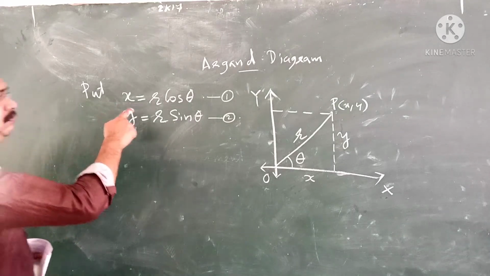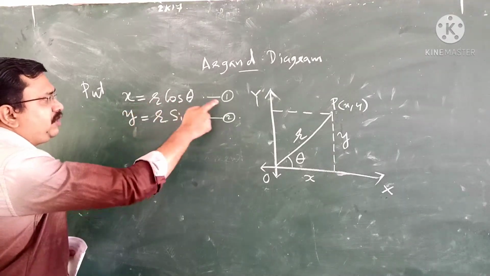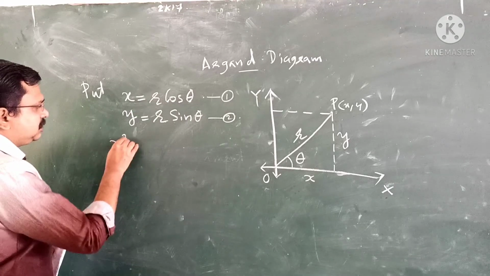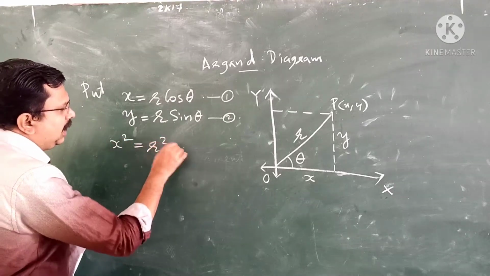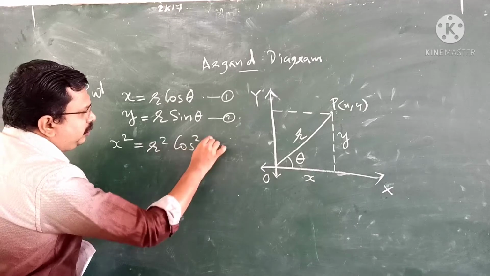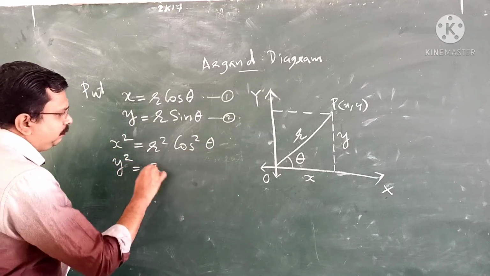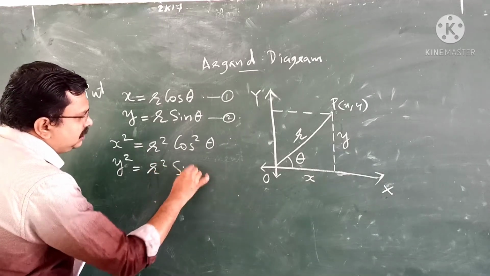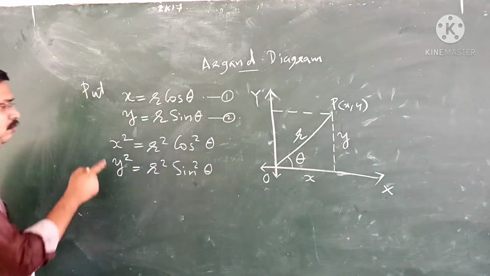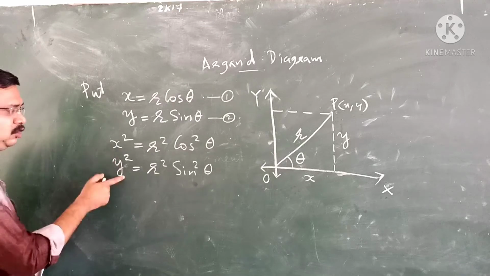Squaring both sides of equations 1 and 2, we get x square equal to r square cos square theta and y square equal to r square sin square theta. Now I am going to add these two equations.